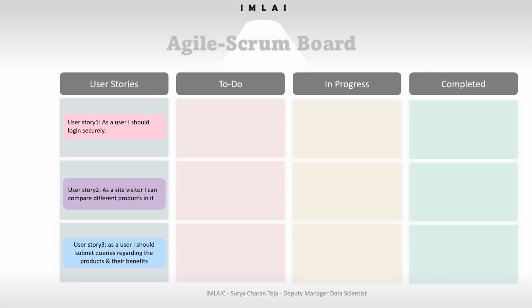Now, how does the Agile Scrum board help us to visualize the flow of the project that is going on? For example, we will have assignees, or the developers or testers or operation teams, system admins or product deployment persons, whoever it may be.